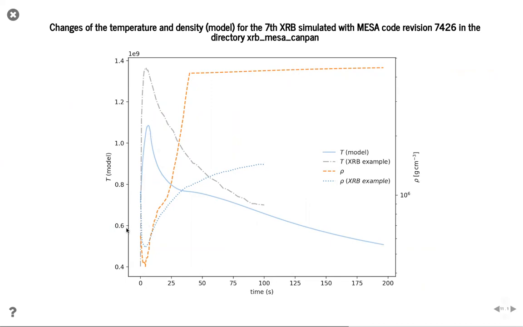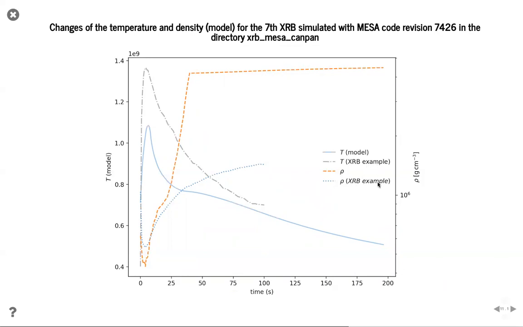And the temperature, the blue curve, reaches the peak temperature slightly above 1 billion Kelvin, 1 gigakelvin, okay? And the orange curve shows its corresponding density. While the gray dot-dashed curve shows temperature from what I call here the X-ray burst example, and the corresponding density is plotted with this dotted curve, also from the example.